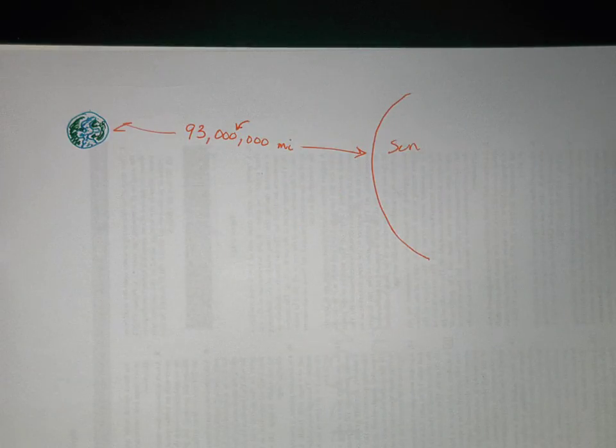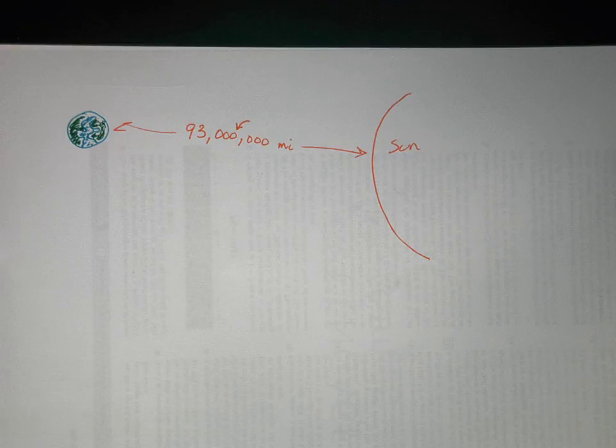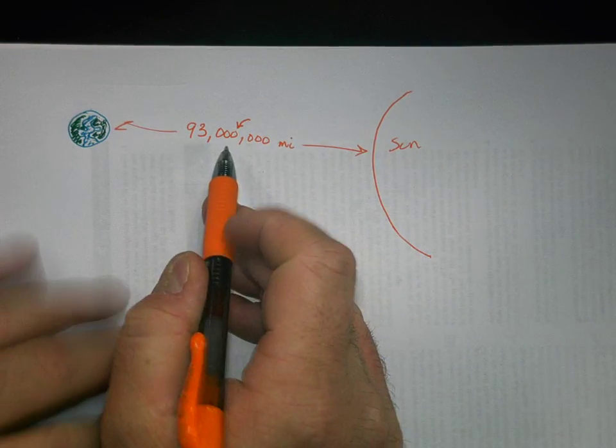Okay, we don't. We've calculated the average, and we actually know it to well more than that, but there's numbers all along the way. So what if it just happened to be 93 million right on the nose all the way down to this thousands place, to this place right here?